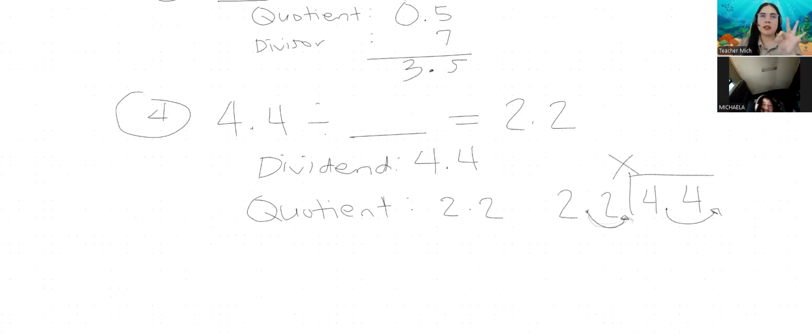If we move 3 decimal places outside, we need to move 3 decimal places inside. So now, Micaela, we have here 22 and then 44. How many 22 are there in 44? 2. Okay, very good too.